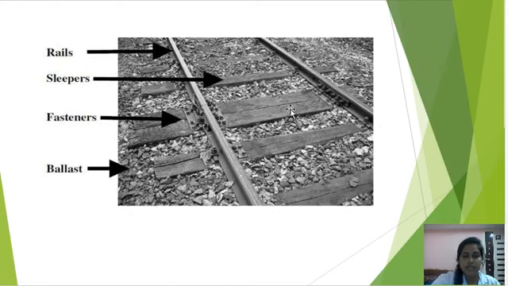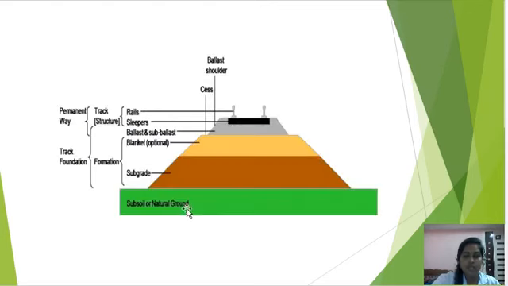This is sleepers, this is fasteners, and this is ballast, the coarse aggregate. In the cross section of this railway track, this is the subsoil, next subgrade, next ballast and subballast, next the sleepers, and then the rails. This is the cross section diagram for the railway track.